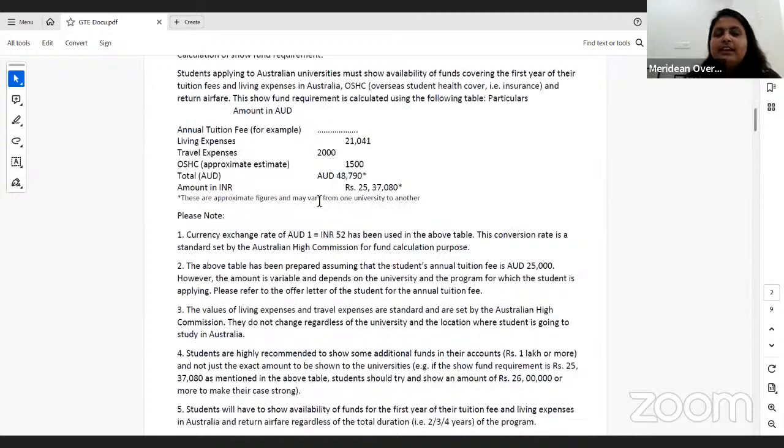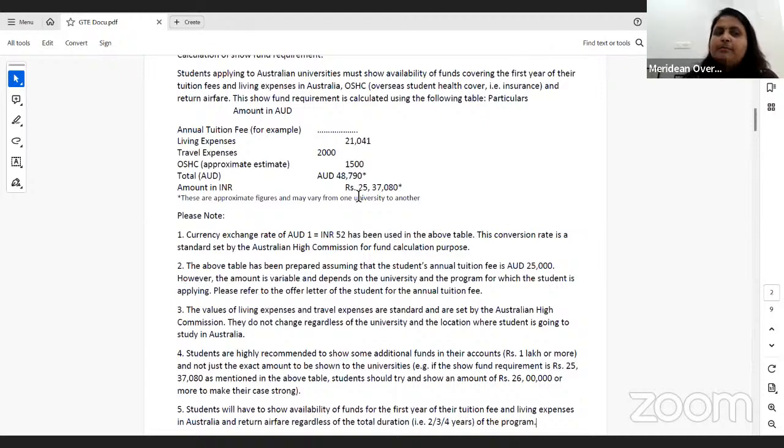For example, if your total comes to 25 or 26 lakhs, we recommend that you show a balance of around 27.5 or 28 lakhs. Why is it so? Because we are not showing the amount net to net.